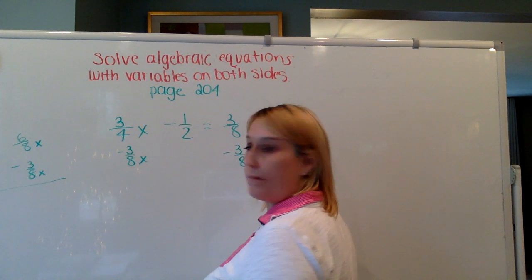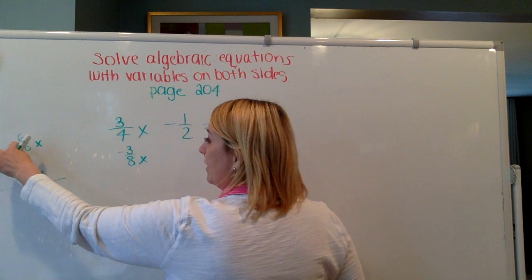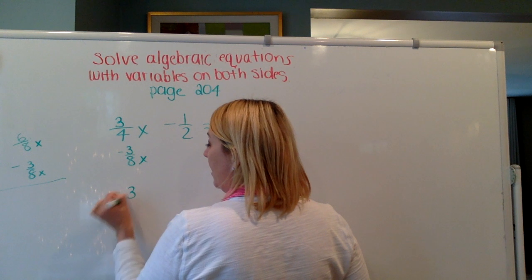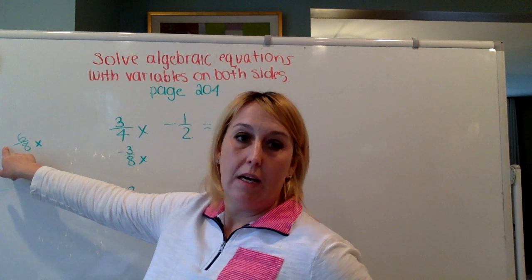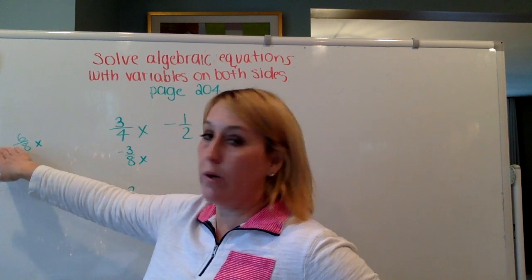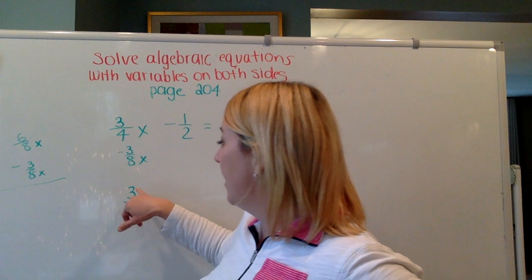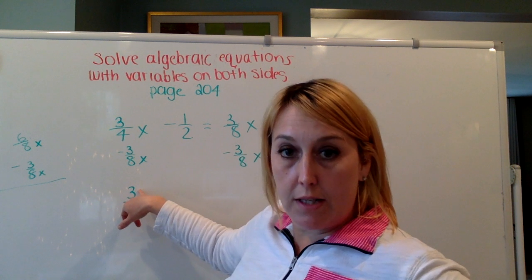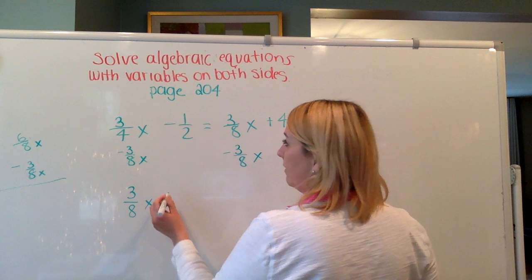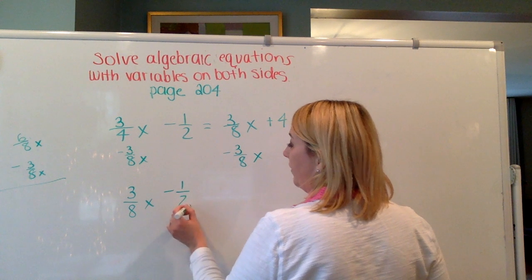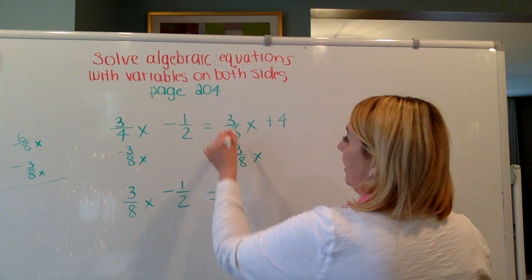6/8 x minus 3/8 x means that I am going to have 6 minus 3 is 3/8 x, right? And they're both positive. So I'm taking 3/8 away from 6/8. So I have 6/8. 6 minus 3 is 3. And then my denominator stays the same when we're adding or subtracting fractions. So 3/8 x minus 1/2 equals, well, I got rid of the 3/8 x on that side.